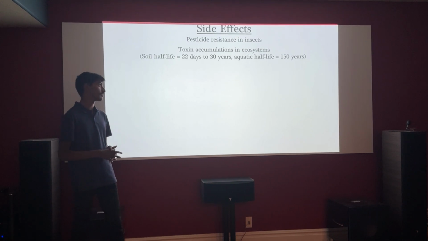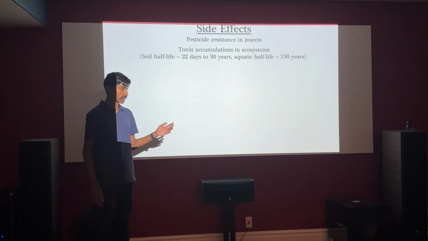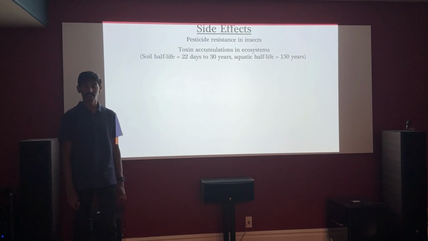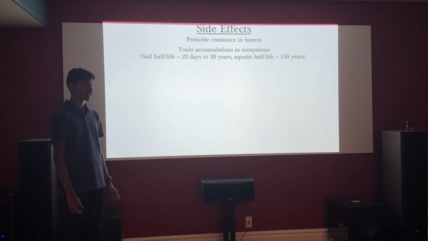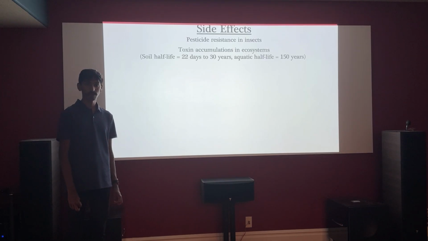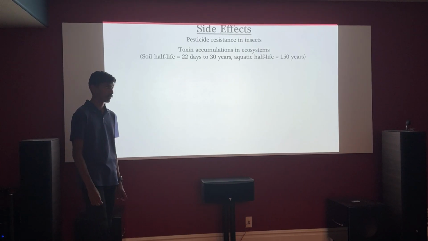If DDT was sprayed in 1955 and it ended up in the soil, well, it could have still remained there until 1985. It went from the 50s to the 80s. Yeah, it went from Eisenhower to freaking Ronald Reagan. That's a really long time.